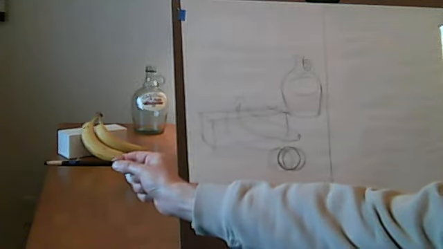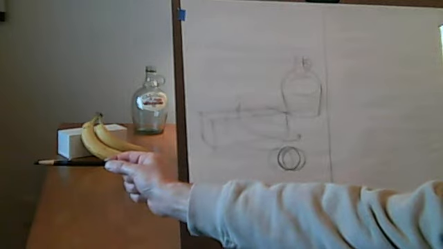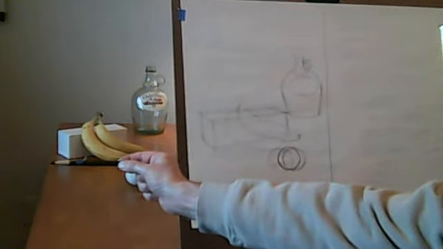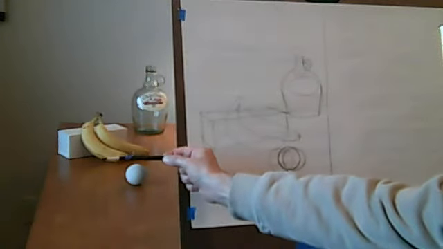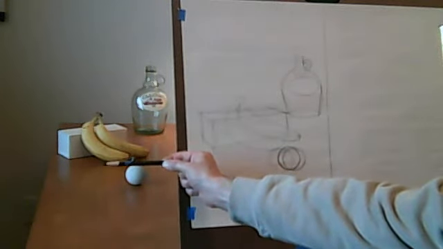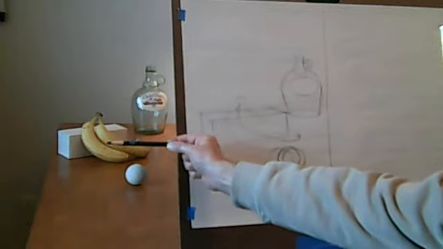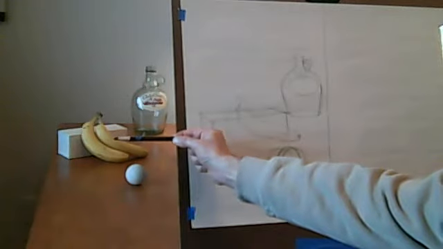There's the baseline for the forward corner of that box, and you notice that it's very close to where the banana is, but there's a little separation. We could mark the lowest point of the second banana if we want to. I don't think I will in this case because it's very close. And then finally there's the baseline of the jug in the back.